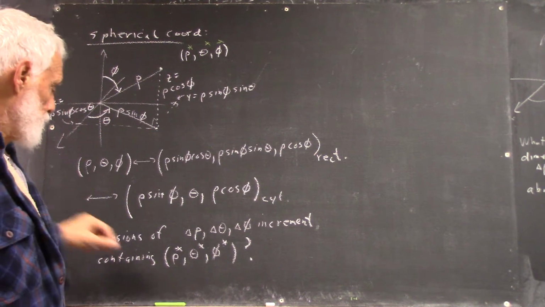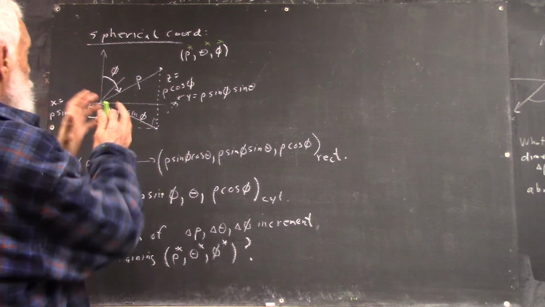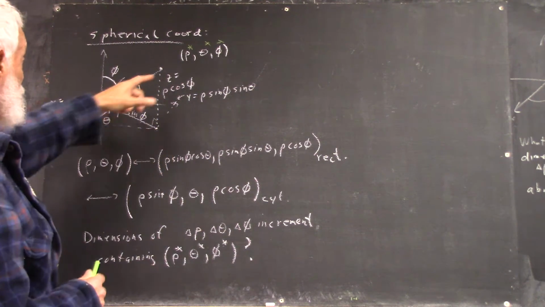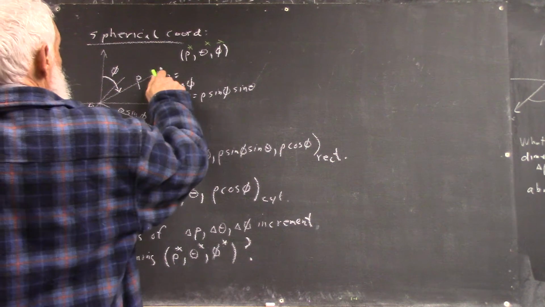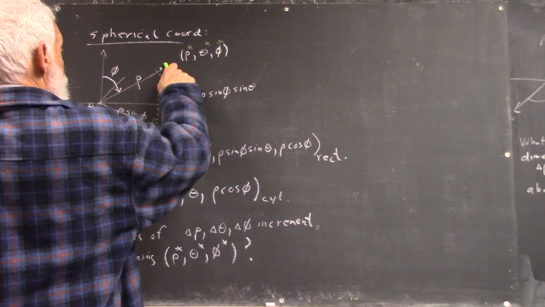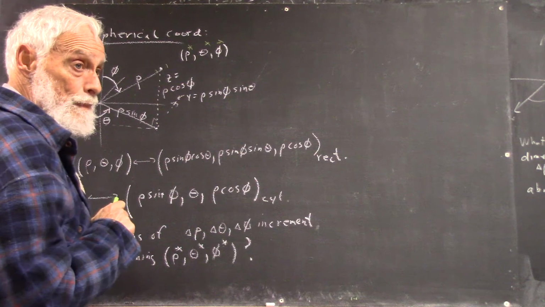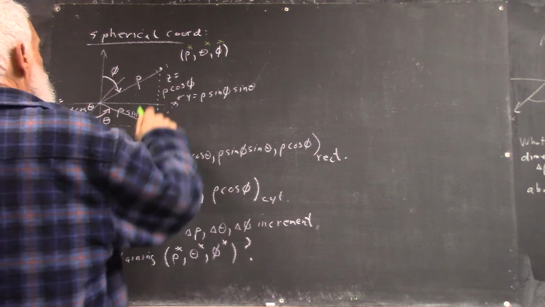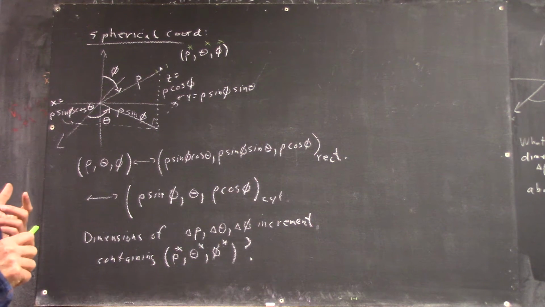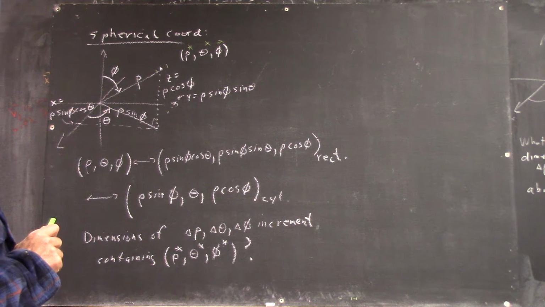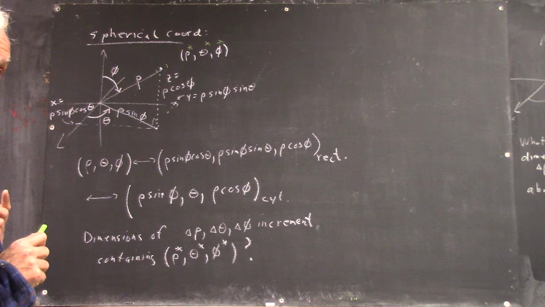So again, the point is, you've got two spheres, and this thing is sandwiched between them within a distance delta rho. So you're going to have a delta rho due to this. Now you're going to have a delta theta.